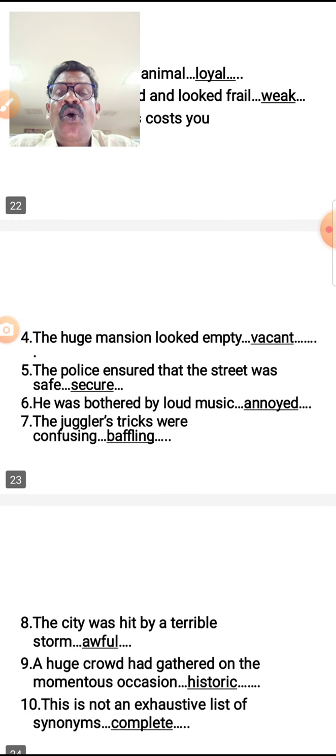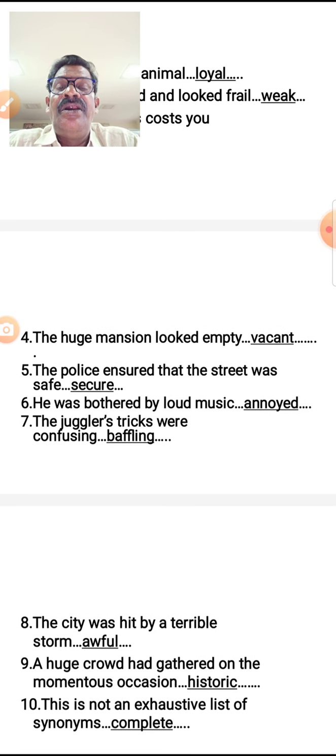Now look at the 4th sentence. The huge mansion looked empty. Mansion means a big palace-like building. Looked empty. The appropriate synonym for empty is vacant. Nobody is there, right? And now look at the 5th sentence. The police ensured that the street was safe. Here we have to find the synonym of safe.